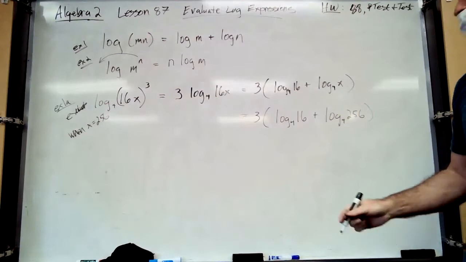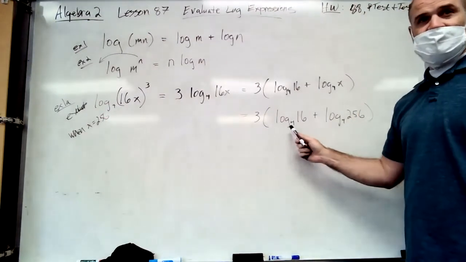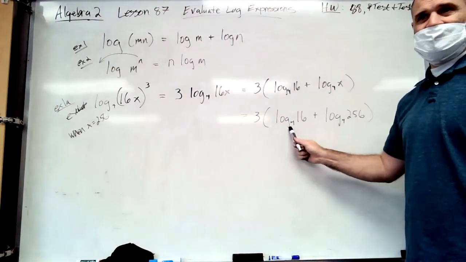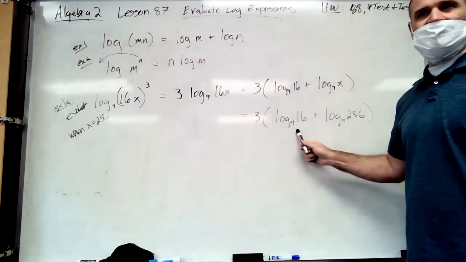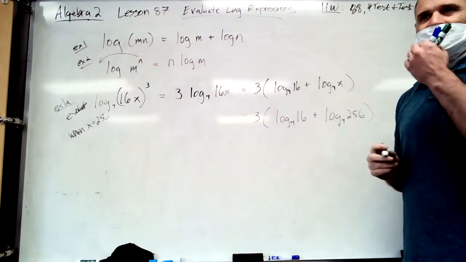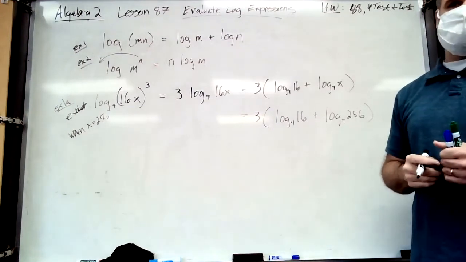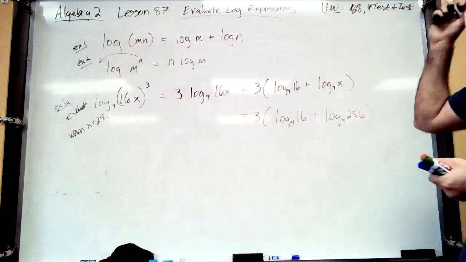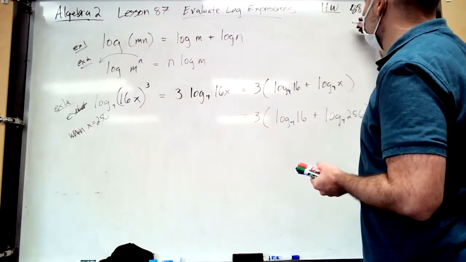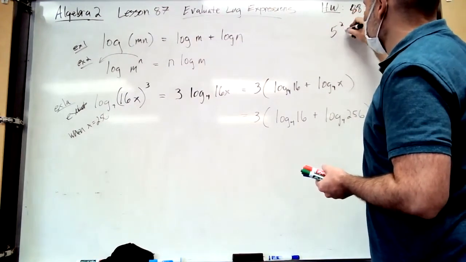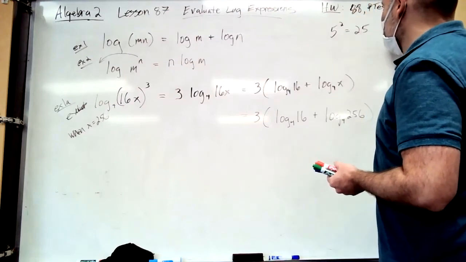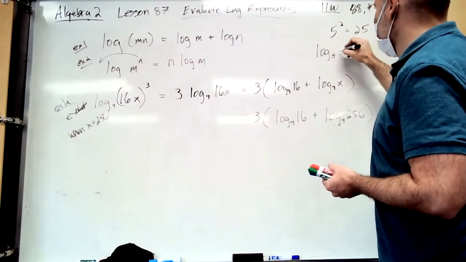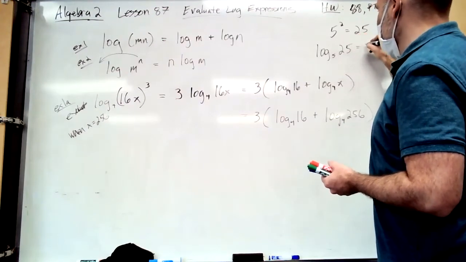Okay? Can you guys remember how to do this? What's the answer to that? What's log base 4 of 16? Kind of thinking backwards, but let's just do 5 squared equals 25. So basically the log base 5 of 25 is 2.